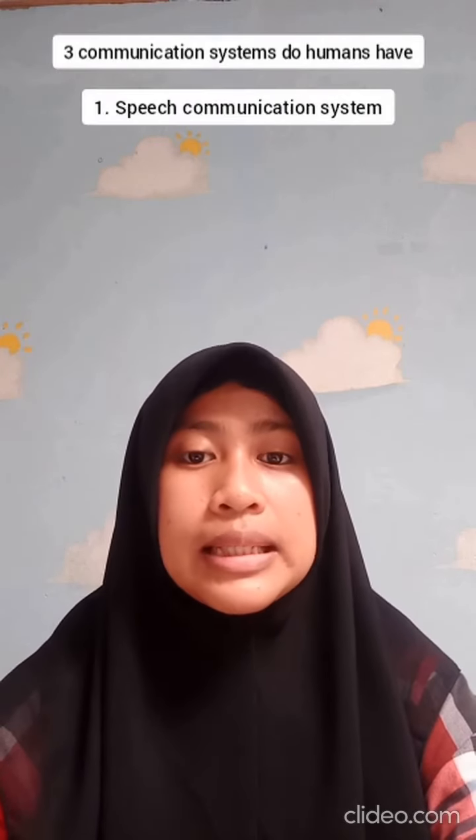Speech communication system. Speech is produced when we speak. This requires the articulation and incorporation of segmental sounds, exempli gratia, vowels and consonants, and suprasegmental sounds, exempli gratia, word stress and intonation, produced when we use our speech organs.